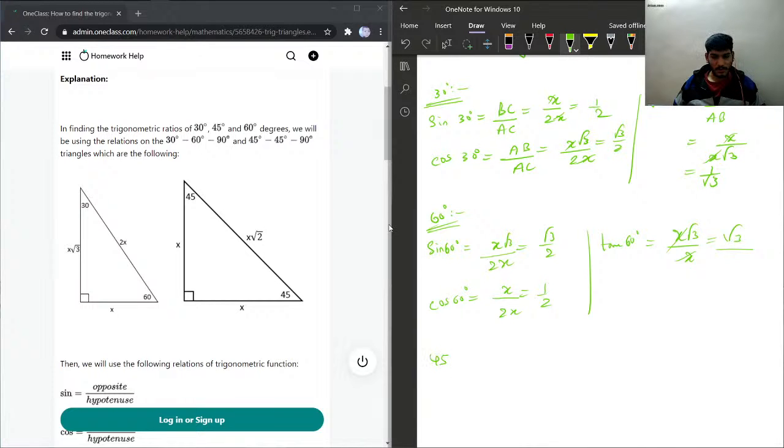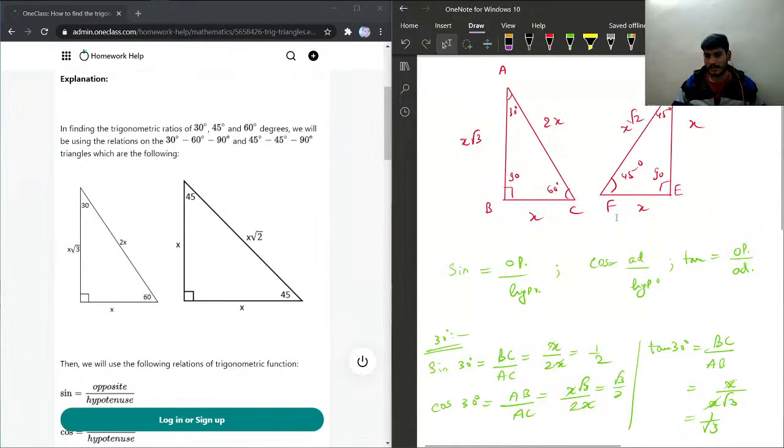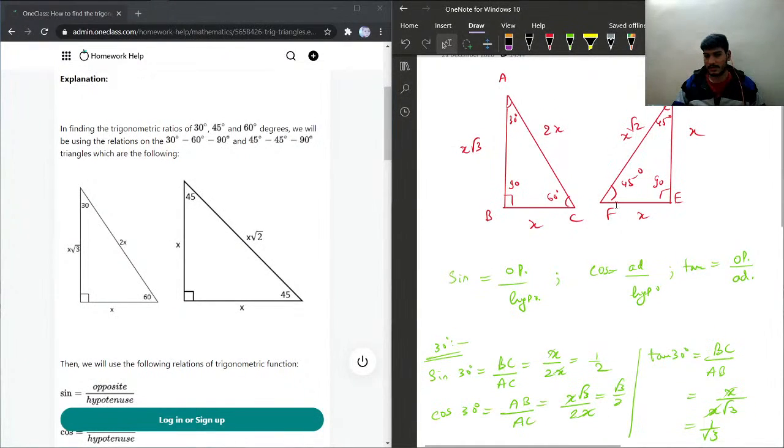Now we'll go for 45 degree. So in the case of 45 degree, it is a special angle, or a special triangle. So this is basically an isosceles triangle. So we can take any 45 degree. It is not going to make any difference. So let's take the 45 here at F. So for sine 45, this is opposite and this one is adjacent.